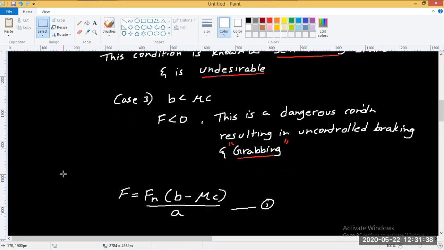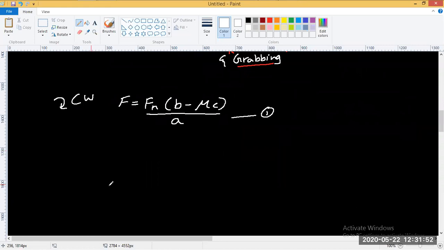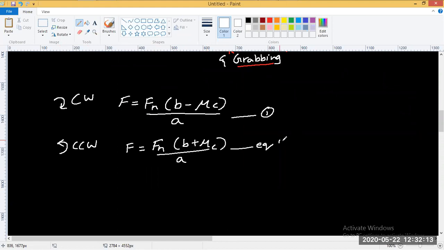And for counterclockwise, the same force F is given by Fn times B plus mu times C over A. This is given in equation 13.16D, and the clockwise one will be in 13.16C.